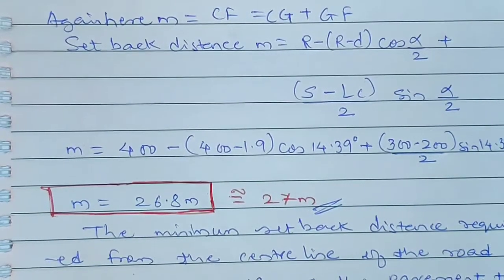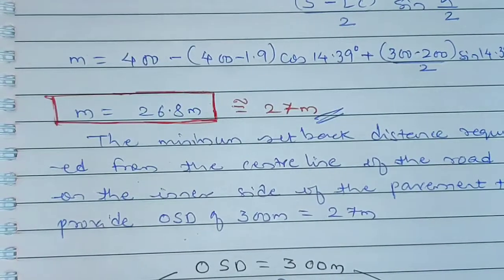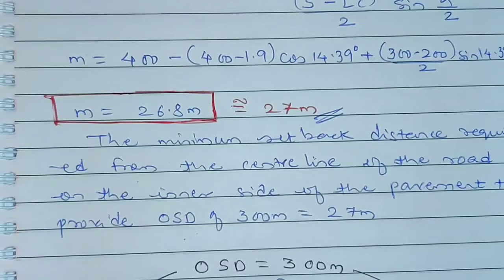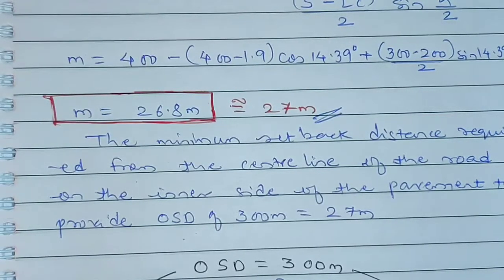Substituting the values, we get m equals (400 minus 1.9) multiplied by cos of 14.39 degrees plus (300 minus 200) upon 2 multiplied by sine of 14.39.